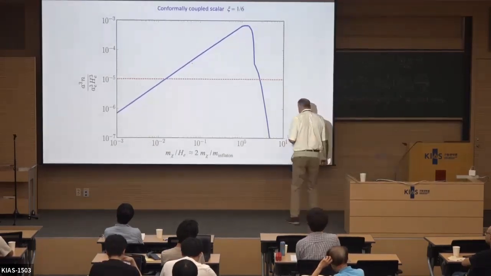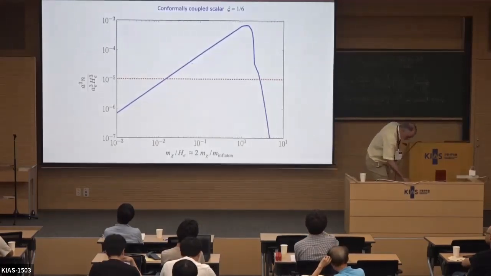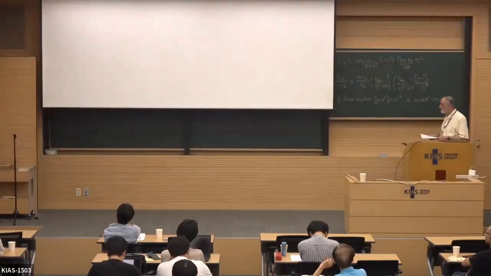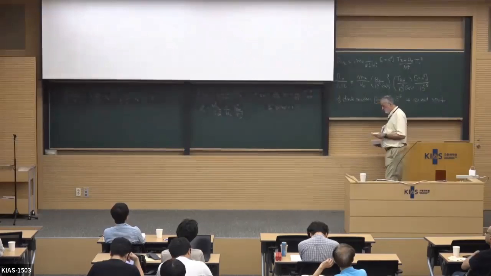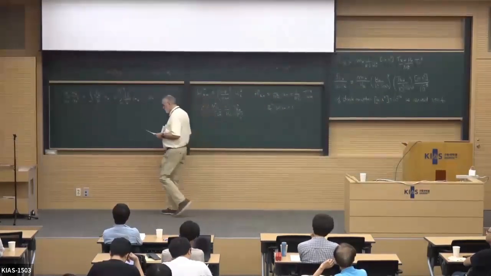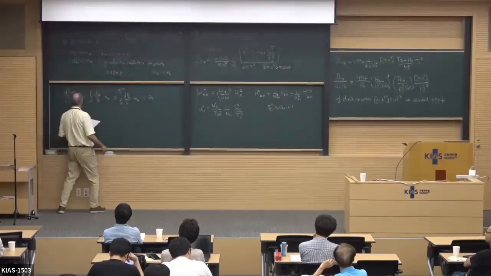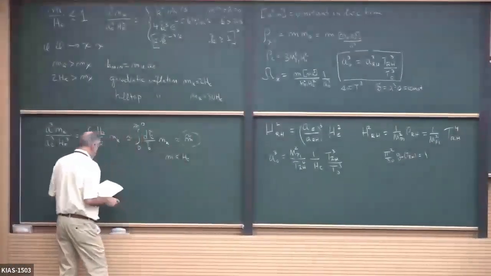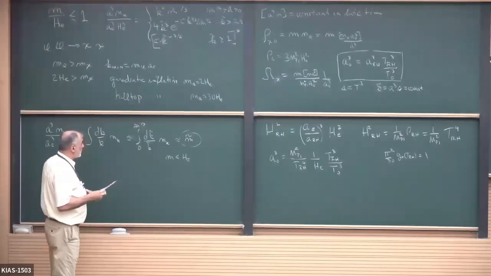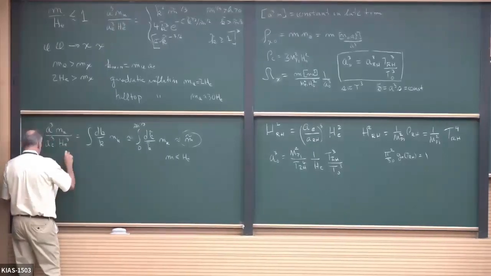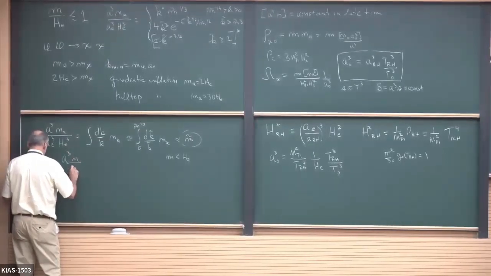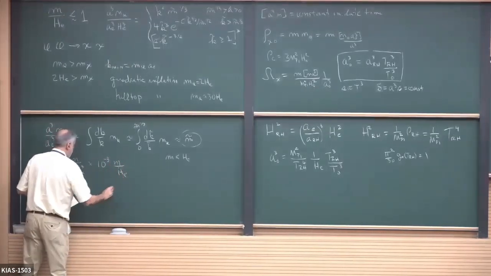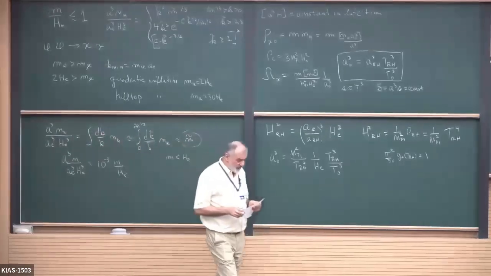And it would become even simpler if m is smaller than HE, then A cubed times N is proportional to the mass, and the 10 to the minus 3 comes as essentially 1 over 16 pi squared.